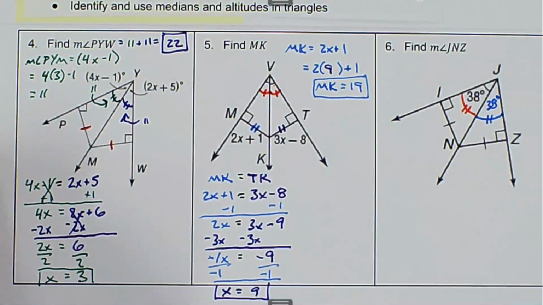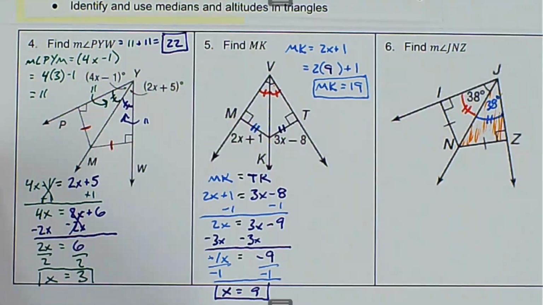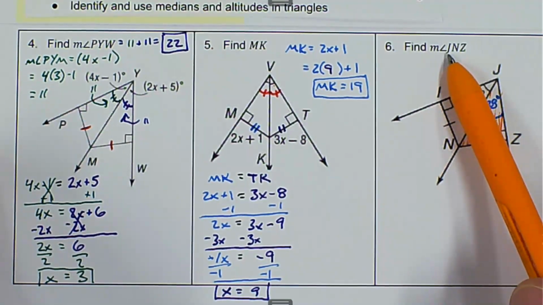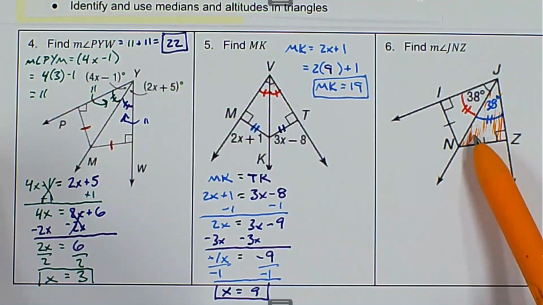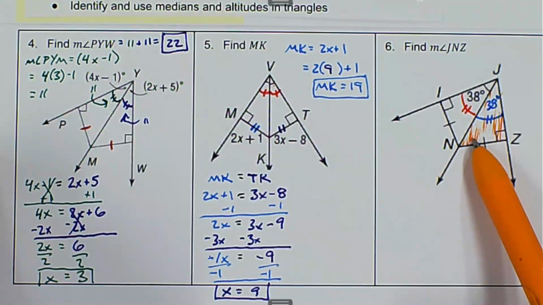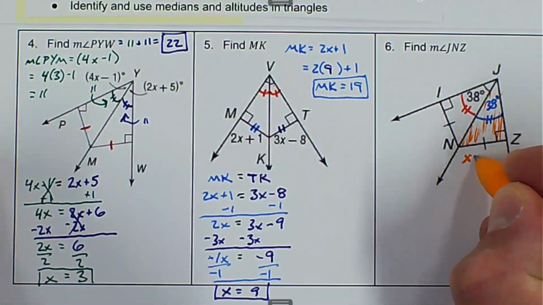Well, now we can see that we have a triangle right here, shaded in lightly so I don't scribble too many things out. And we want to find the measure of angle JNZ. So we're trying to find the measure of this angle right here. Well, we're going to have to use the triangle sum theorem because we know this one's 90, this one's 38, and then we can use that to figure out our value here, which we're going to say is x.